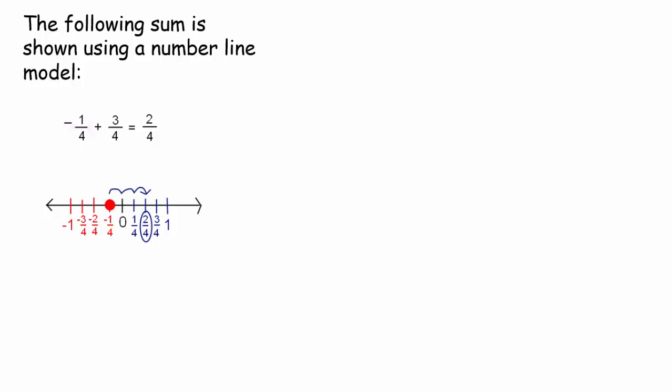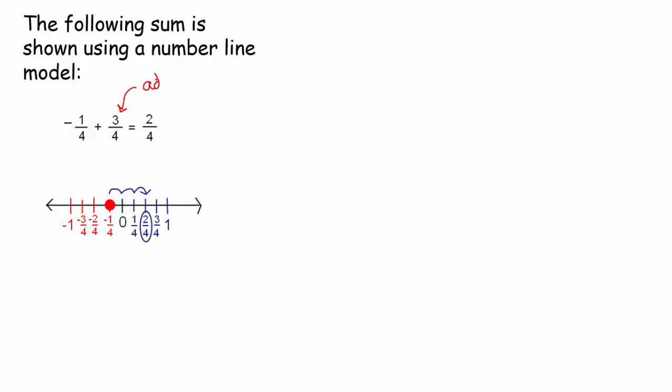This is a visual of -1/4 plus 3/4 on the number line. So if we start at -1/4, you went from 0 to -1/4. Again, this number line is broken into fourths because we're adding fractions that involve fourths. So we have 1/4, 2/4, 3/4, 4/4 is 1, -1/4, -2/4, -3/4, -4/4 is -1. If we start at -1/4, now we're adding a positive.